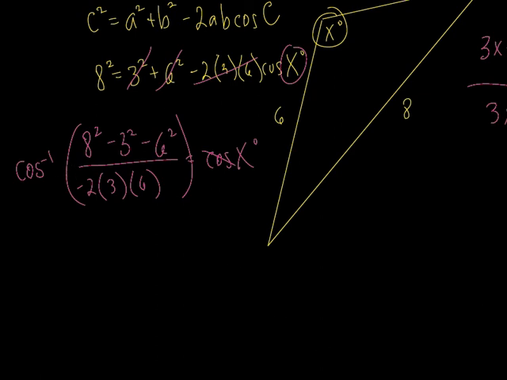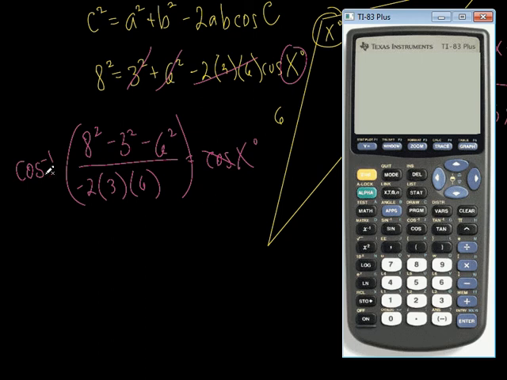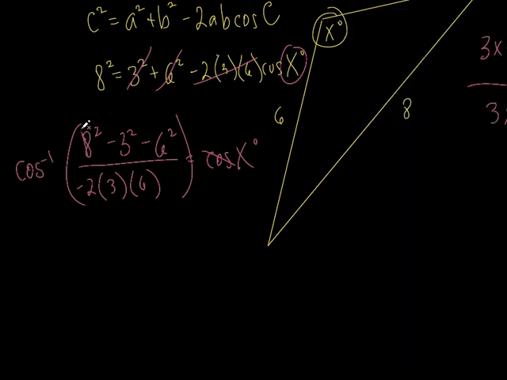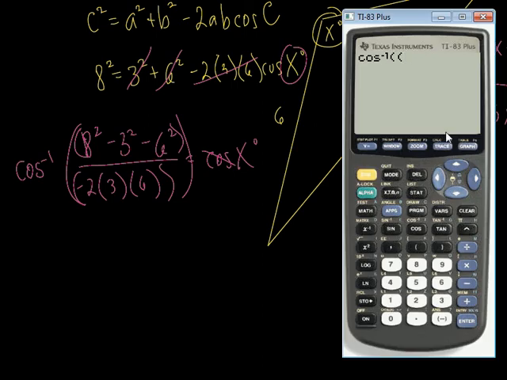Stick it in your calculator. So what we're going to do is hit second function cosine. Let's turn it on. Clear it. Hit second function cosine right there, and then let's put all this stuff in here. Actually, I'm going to put another parentheses because I want to keep this together and this together. So what do we got?